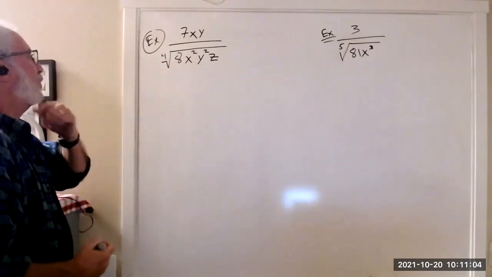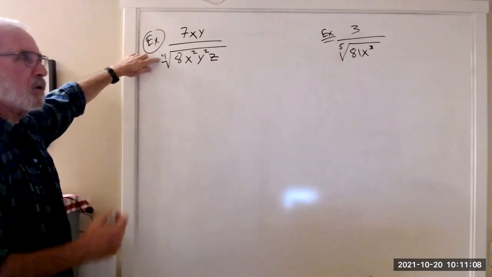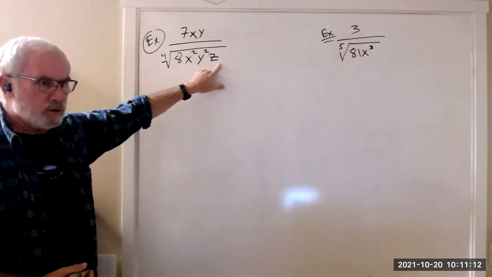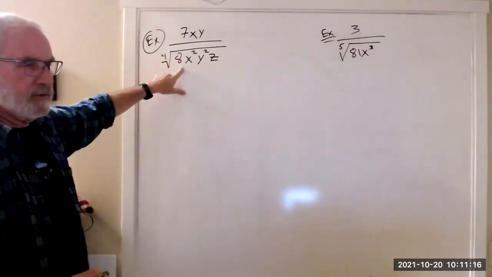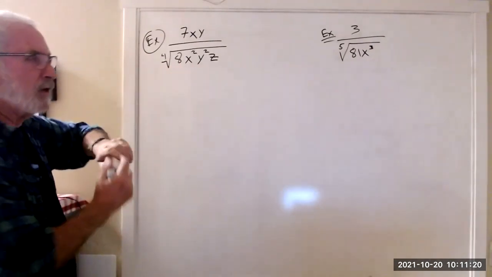Okay, so for the first problem, we have a fourth root, which means I want to get everything inside to be fourth powers. But before I do that, I've had enough experience now. I know 8 somehow breaks down.